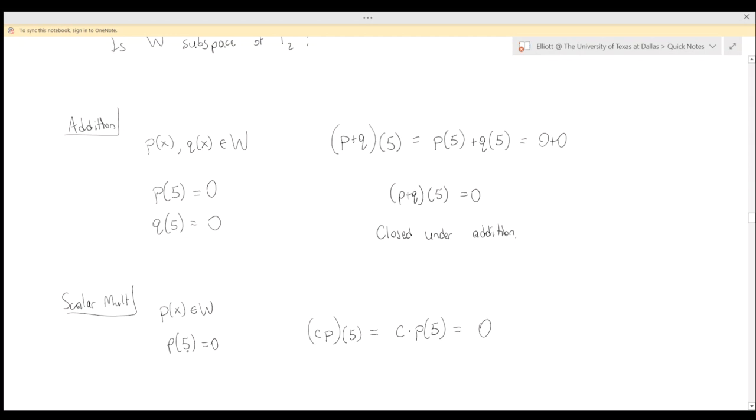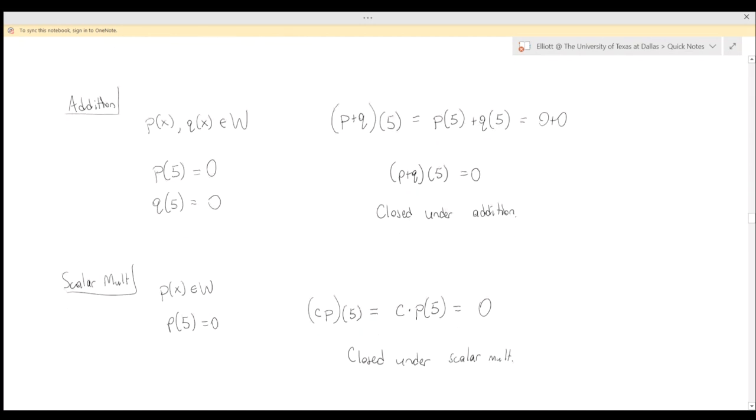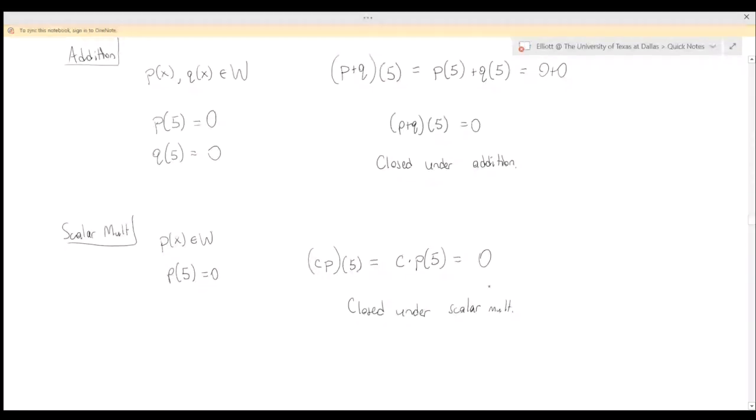Since P of 5 is equal to 0, this is also equal to 0. So even after multiplying by a scalar, evaluating at 5 gives 0, so it's closed under scalar multiplication. Therefore, it's closed under both addition and scalar multiplication, so it is a subspace.